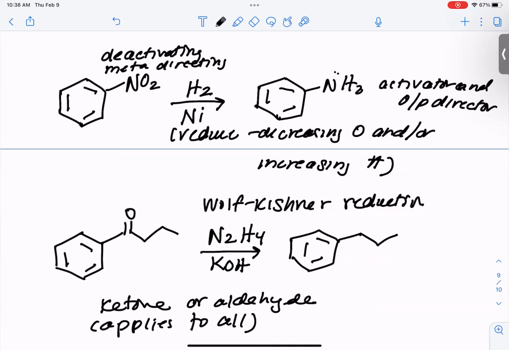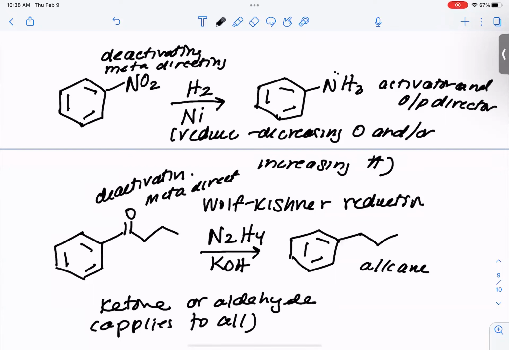You make an alkane, okay? So again, we've taken something that's deactivating and meta directing, and now made something that's activating and ortho para directing, okay? So that's also something to keep in mind.